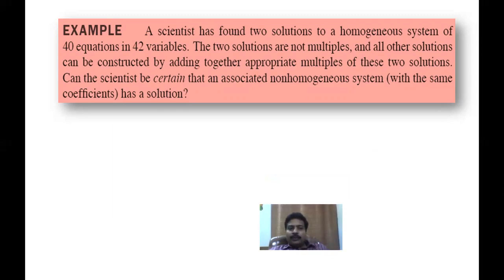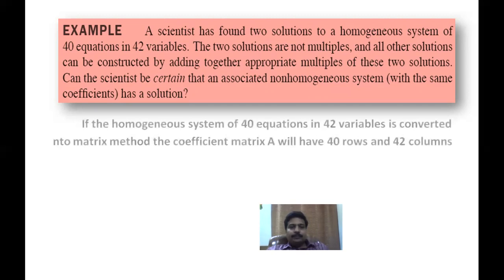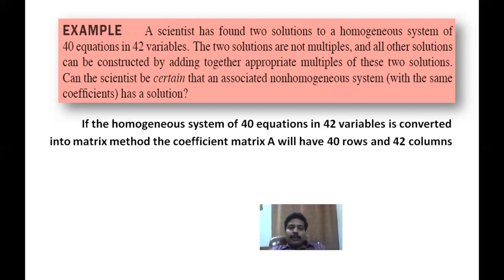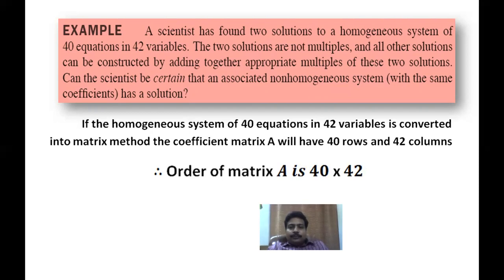If we convert these 40 equations into matrix form, we will get a 40 by 42 matrix. So the coefficient matrix A will have 40 rows and 42 columns. So the order of the matrix will be 40 by 42.